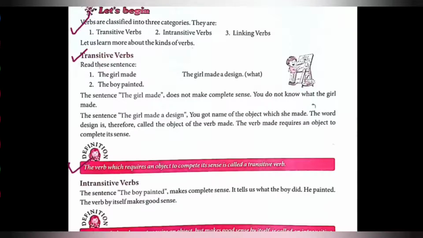The sentence the boy painted makes complete sense. It tells us what the boy did. He painted. The verb by itself makes good sense. So such a verb that does not require an object is an intransitive verb.